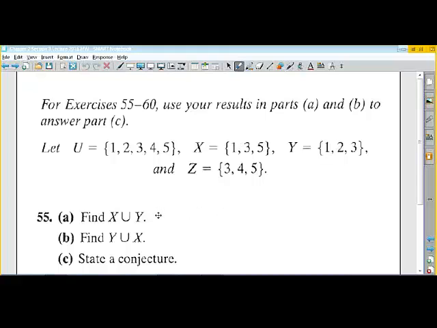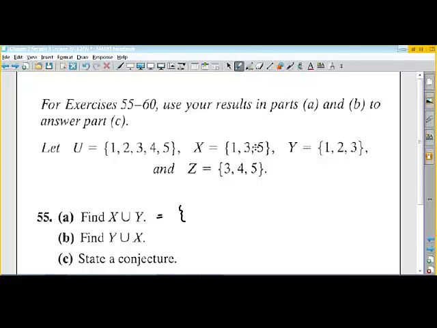If I wanted to know what is the union of those two sets, it would be a set, and it would consist of the numbers. There are two choices. There'd be 1 and 3, that would be one set. Or I could do 1, 2, 3, and 5.